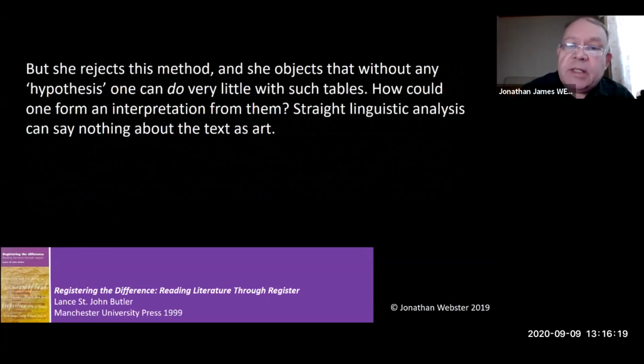But she rejects this method. And she objects that without any hypothesis, one can do very little with such tables. How could one form an interpretation from them? Straight linguistic analysis can say nothing about the text as art. Yeah, it's true, this straight linguistic analysis.